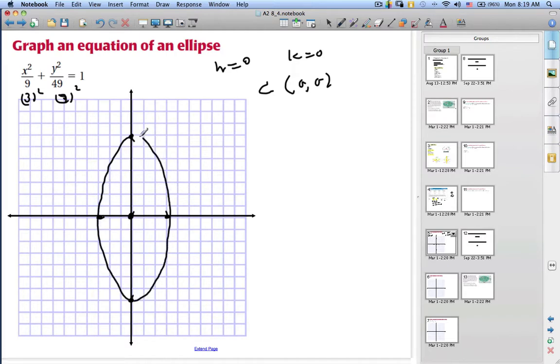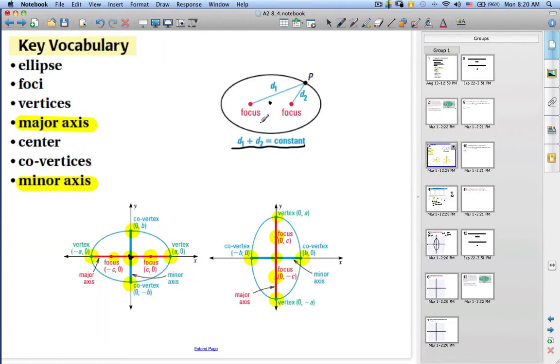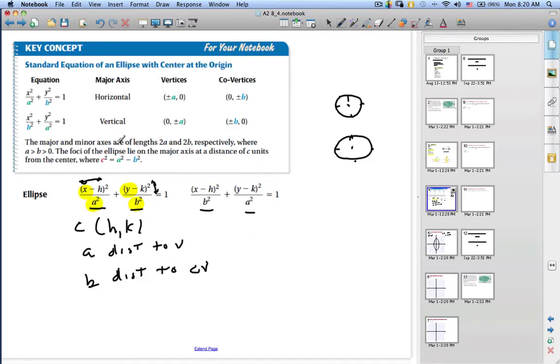I don't really need the foci to do that, but now I need to find my foci. Now, you'll notice that if my vertices are here, my foci is closer to the center than the vertices are. And I can always find my focus by using this equation here: c squared, where c is the distance to the focus.